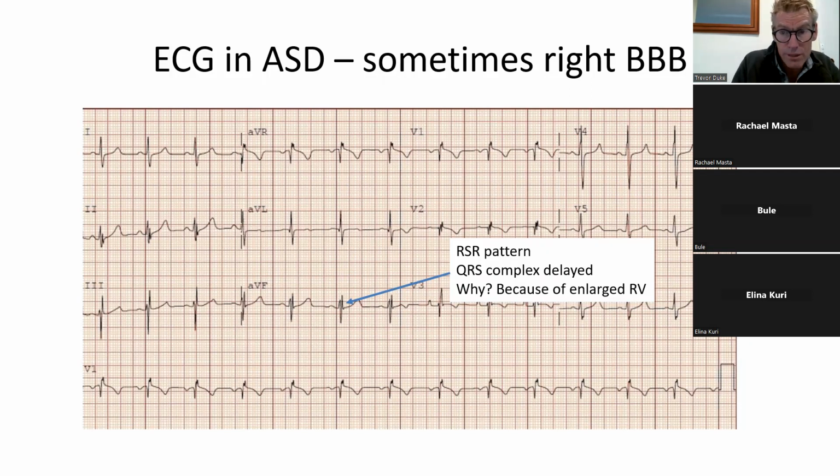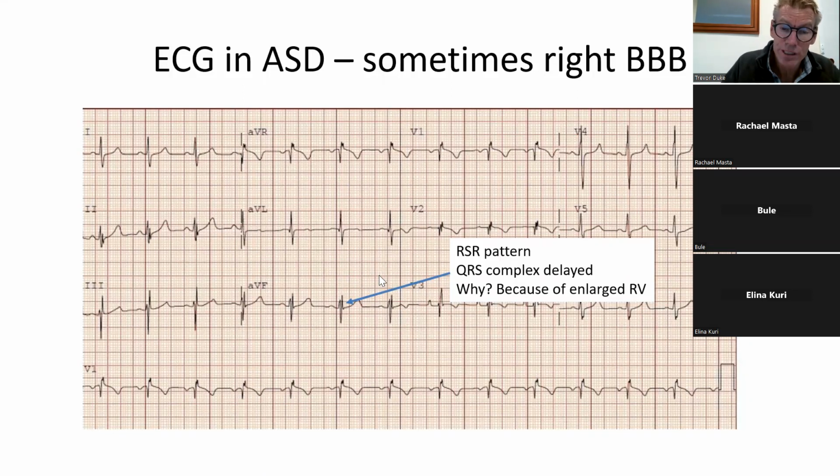And over time, that can lead to hypertrophy of the right ventricle, which can lead to a right bundle branch block. And remember, we said last week that a right bundle branch block is characterized by an RSR pattern in the right ventricular leads. So V1, 2, and 3. Remember, they're the ones that look at the right ventricle.